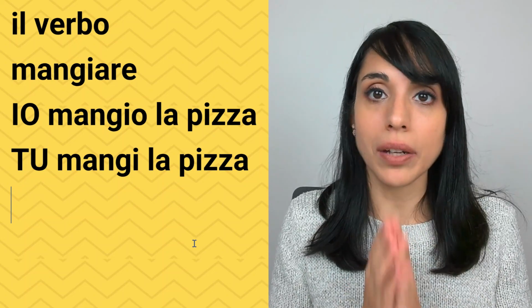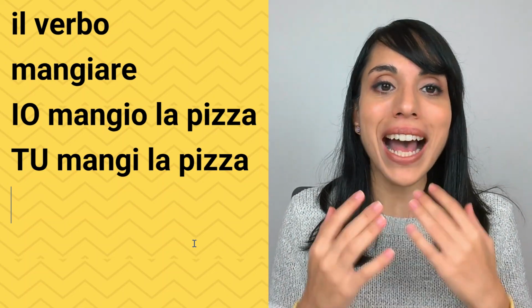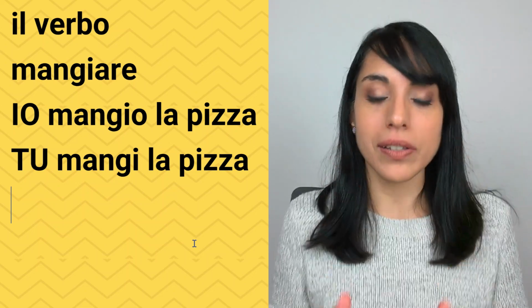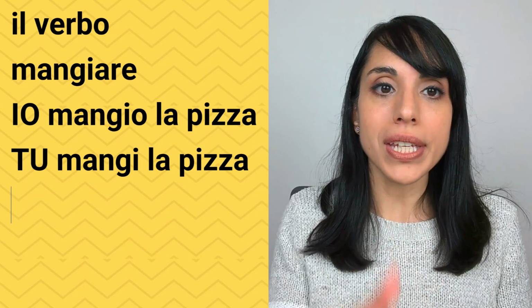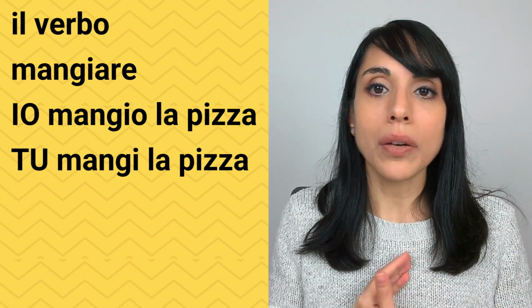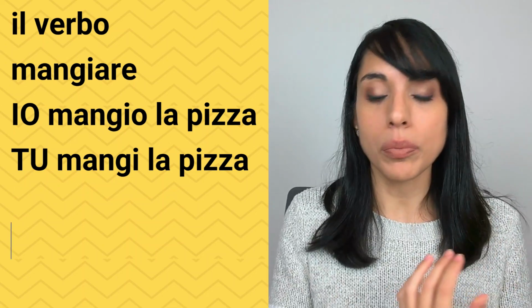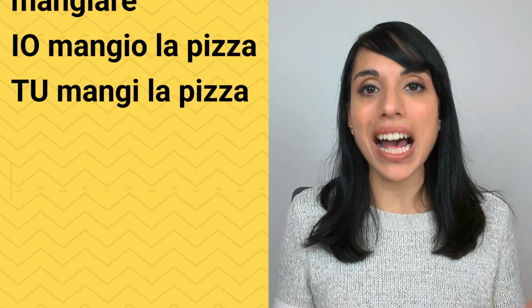Let me show you this again with some examples. Io mangio la pizza. That means I eat the pizza. That's present tense. Tu mangi la pizza means you eat the pizza. Present tense. What if I want to say, for example, I eat pizza every day? So I'm talking about a habit.